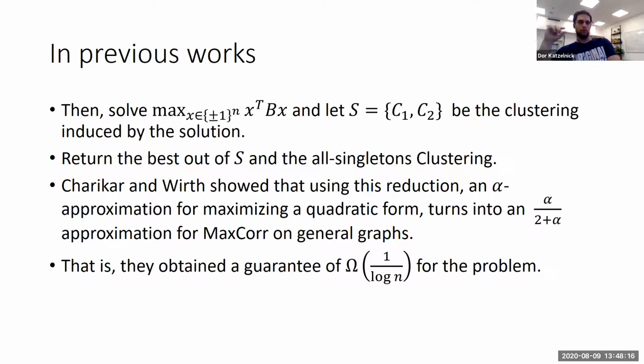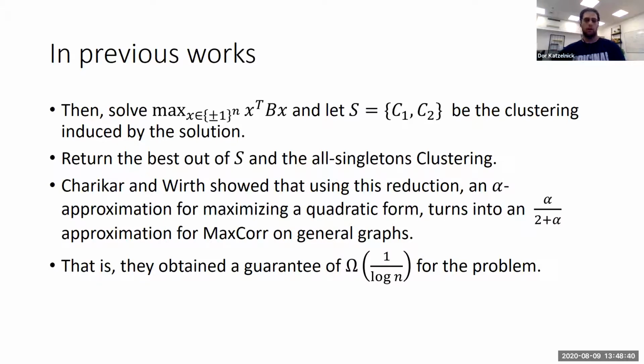So what they showed is that if you do this reduction and you have an alpha approximation for the problem of maximization of a quadratic form, then this will result in an alpha over 2 plus alpha approximation for the MaxCorr problem on general graphs.